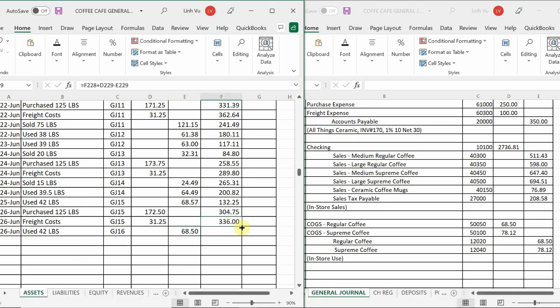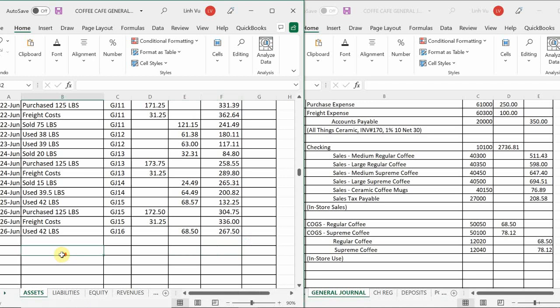So now how much do we have left in our inventory on hand? That's correct. Yep, 267.50. Good.